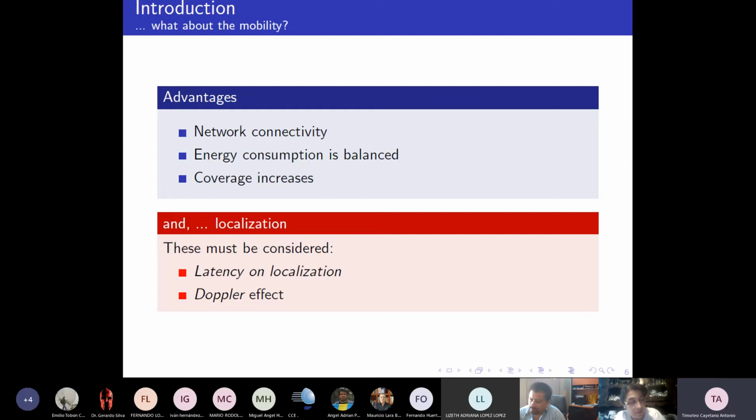In this case, we have not considered this because we needed to study the Monte Carlo algorithm in a more realistic way, not like in previous works, not in the idealized free space scenario. So we didn't simulate the latency and the Doppler effect, but in the future, I think that it is necessary to consider both of them.